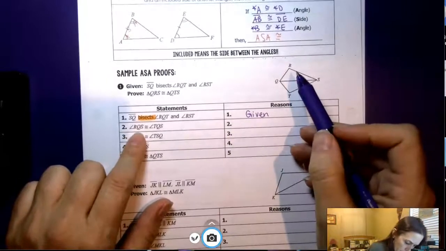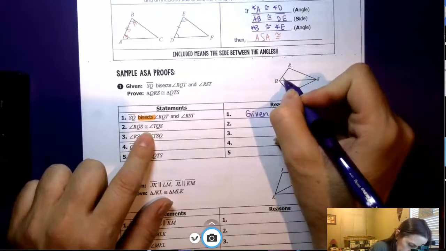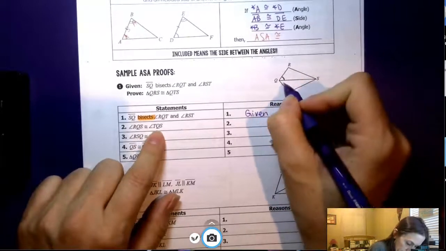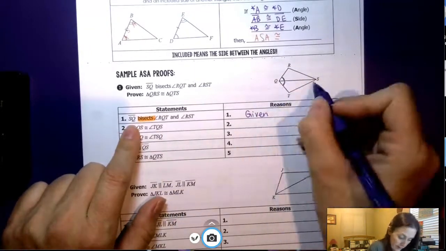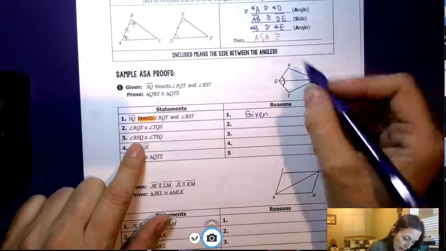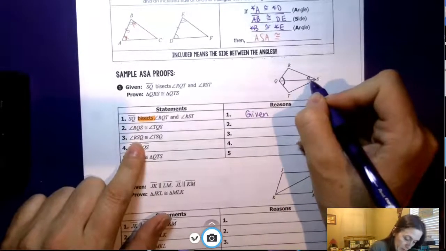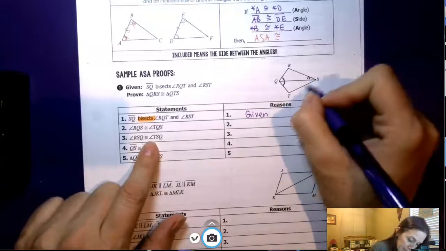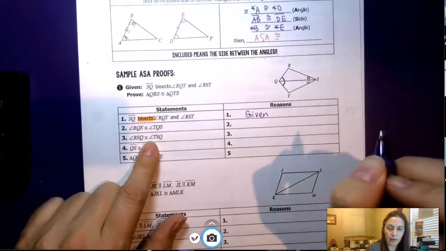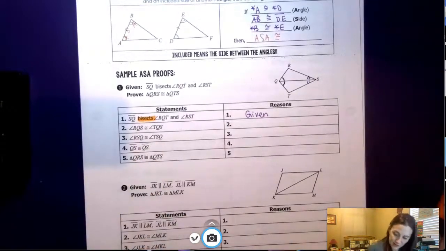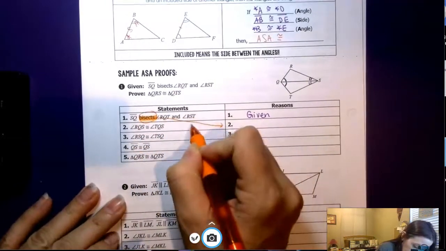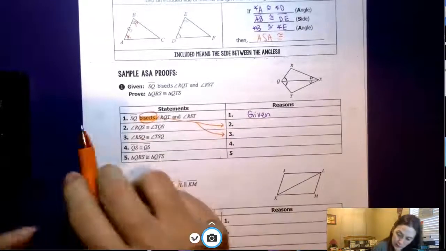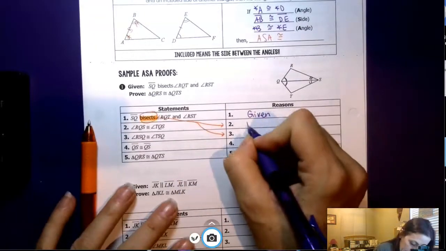Well, RQS is congruent to TQS because that's SQ right there. And then RSQ, I'm going to put 2 marks, is going to be congruent to TSQ over here because it just told me it bisected here. So for both of those, it's definition of a bisector.